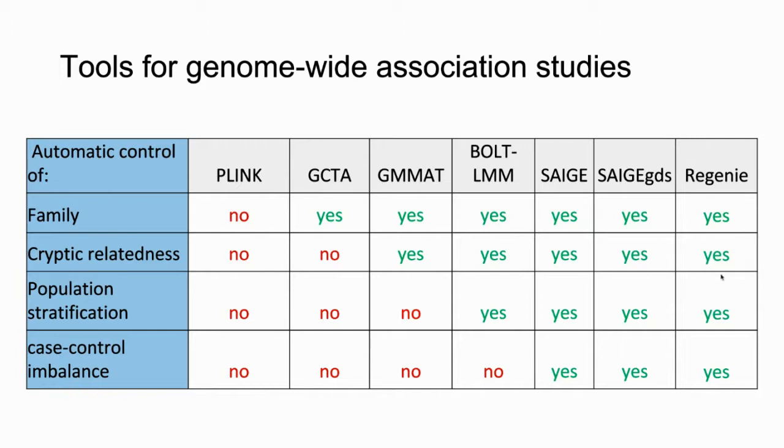It's also designed mostly for parallelized computing, so it's extremely quick compared to SAIGE. I don't remember the number, but it's definitely faster than SAIGE, and it handles the genetic relationship matrix differently.